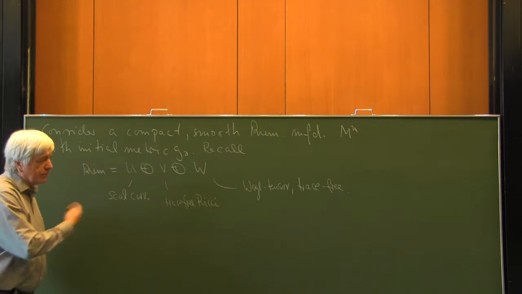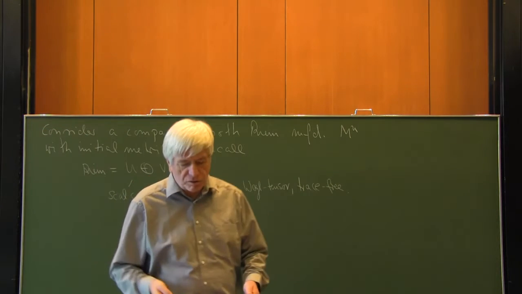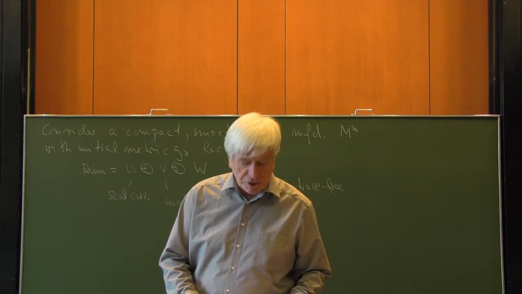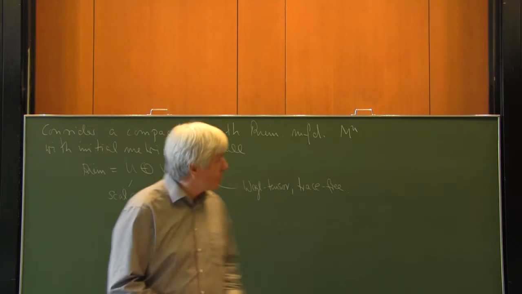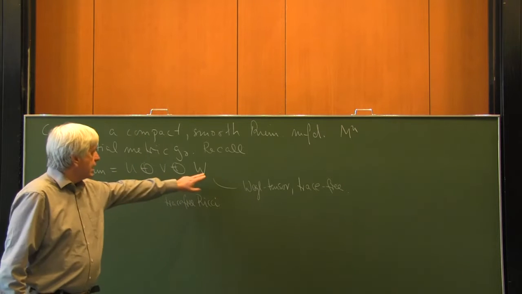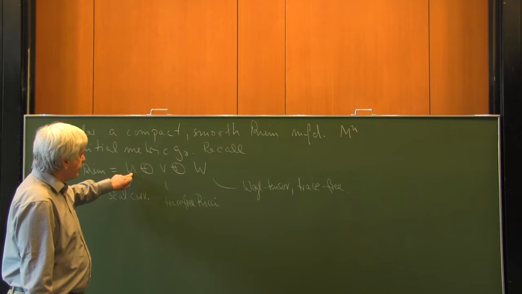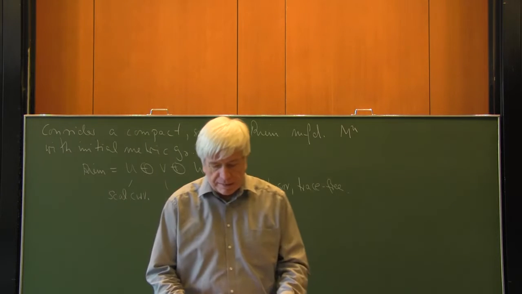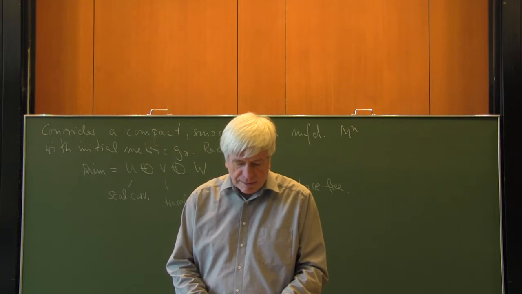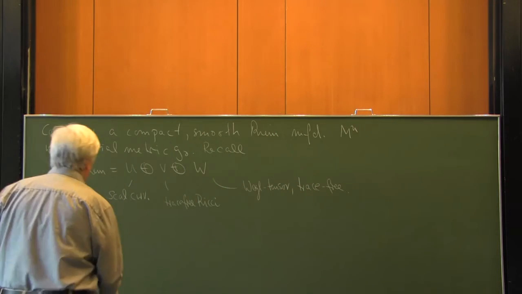And what I mean by being close to a constant curvature metric is that the second and the third part here are small compared to the first part, which is the scalar curvature part. And the theorem then goes as follows.